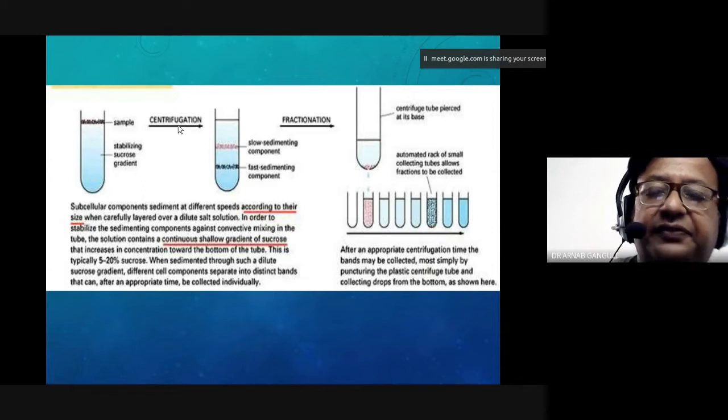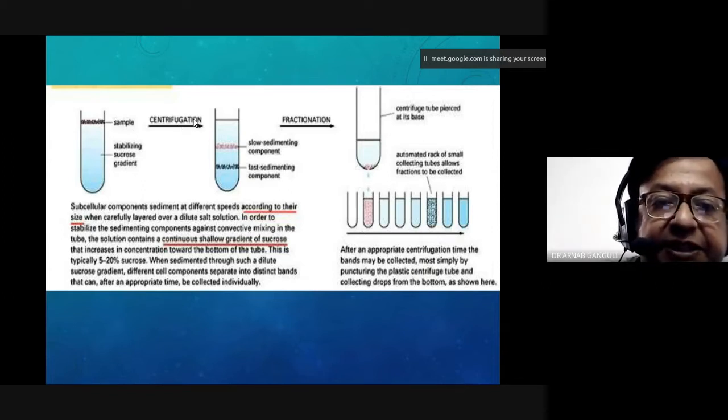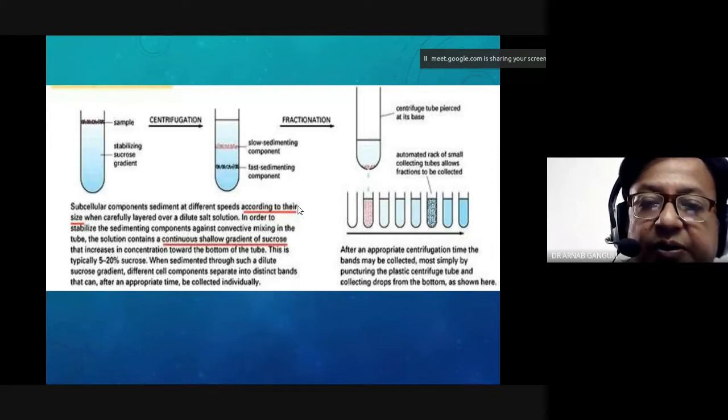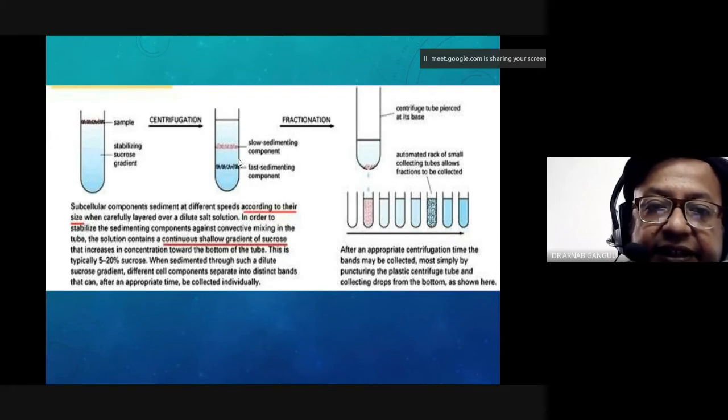And then you centrifuge, you rotate them at high speed. There are specific speeds, 5 to 20% sucrose. And then, according to their density, the cellular fractions will separate.